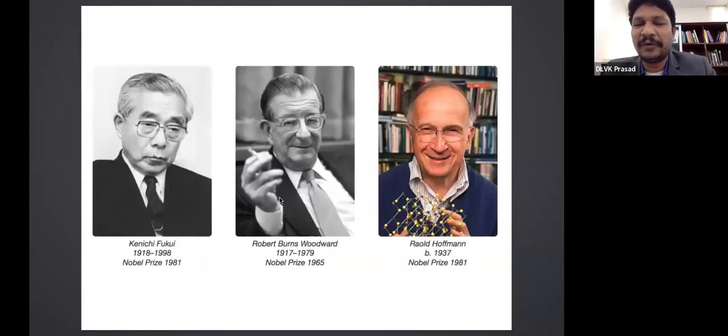were given. One I would like to show you here, Kenichi Fukui, who was not really emphasizing the accuracy of the numbers that one would get in computing.